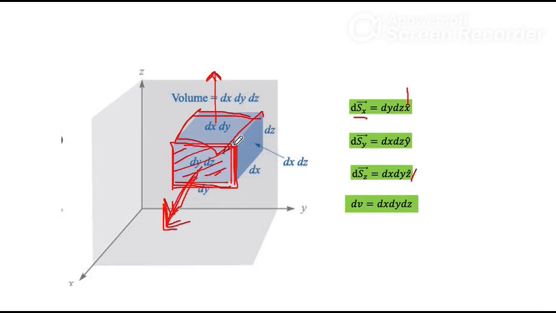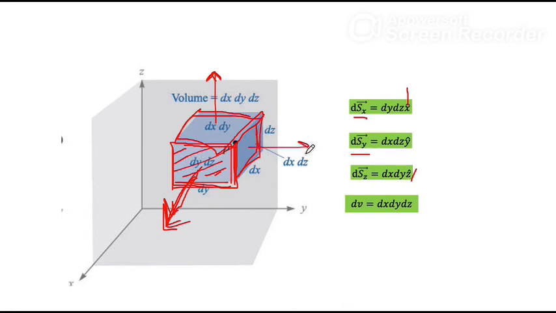So can you figure out what will be the surface area for this side? Yes, you can easily figure this out. This would be dsy. So it will be move along dx and then move along dz. So this would be dx into dz along the y direction.